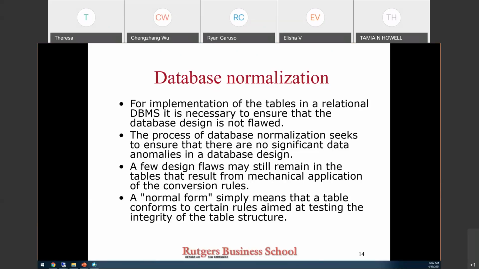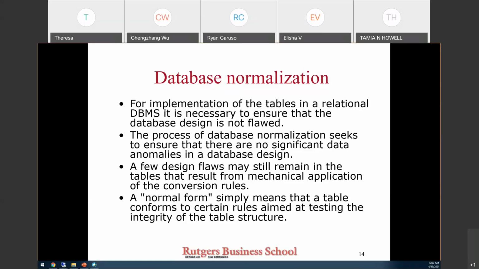In a sense, we are seeking to ensure that the tables in a database system conform to sound database design principles.